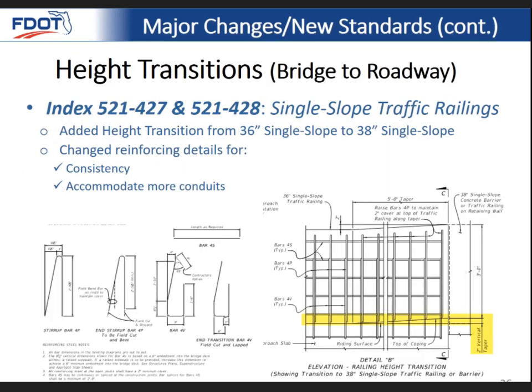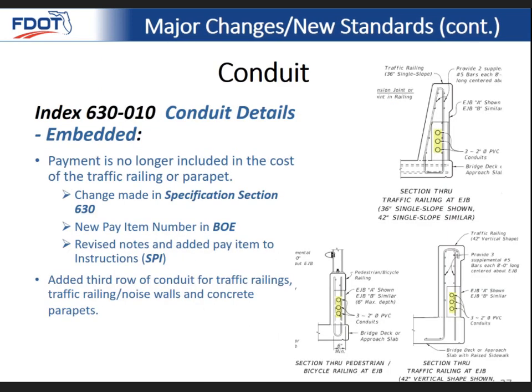The transition to 38-inch height, which I mentioned previously, is detailed on Index 521-427 and 428, the single slopes. And then the embedded conduits, there's a slight name change to the index, and then detail changes related to the shape of the traffic railing, and then accommodating the 3 conduits in those elements also.